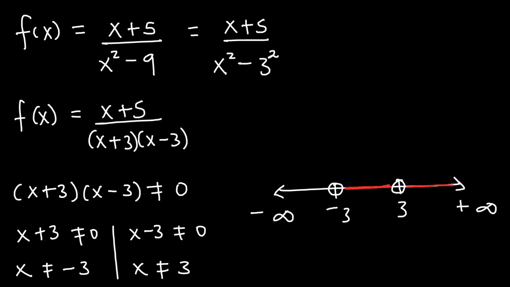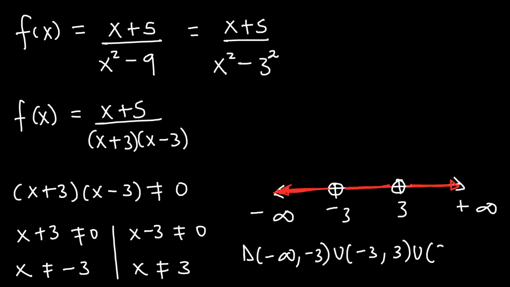And also shade the region from positive 3 to the right, because x can be greater than 3. And also shade the region from negative 3 to the left, because x can be less than negative 3. Therefore, the domain for this example will be any number from negative infinity to negative 3, but not including negative 3, union from negative 3 to positive 3, union from 3 to positive infinity, but not including 3.